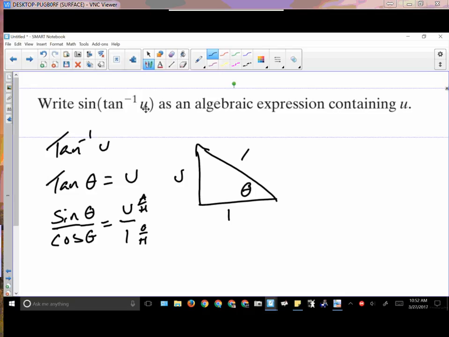So if I want to know what's going on here, I'm supposed to write that as an expression containing u. We figured out what all those bits and pieces are going to be. Did I do that right?